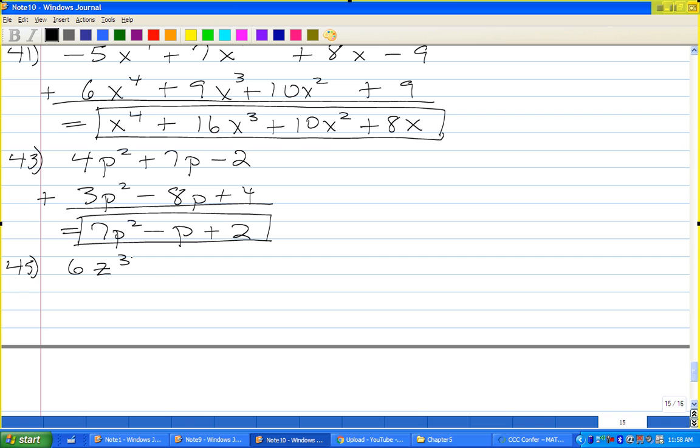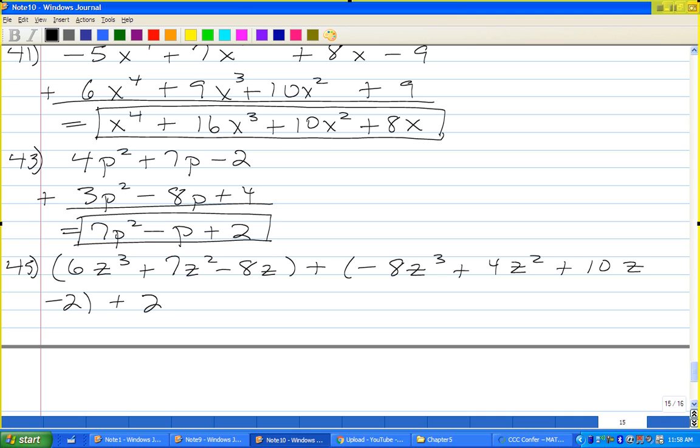6z cubed plus 7z squared minus 8z plus negative 8z cubed plus 4z squared plus 10z minus 2 plus 2z cubed plus 9z plus 2.